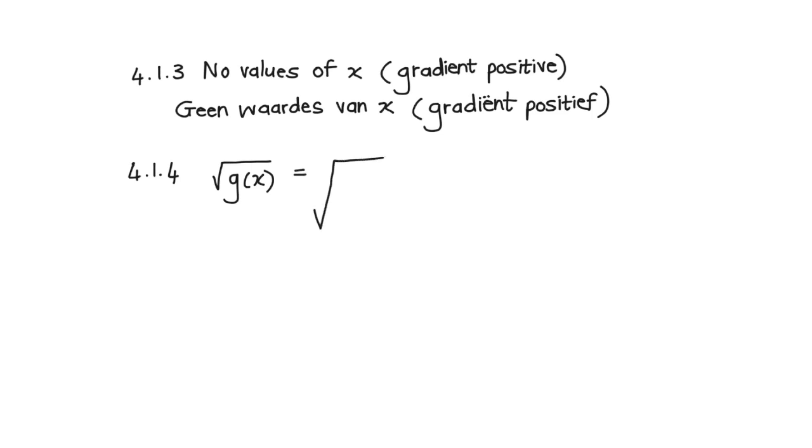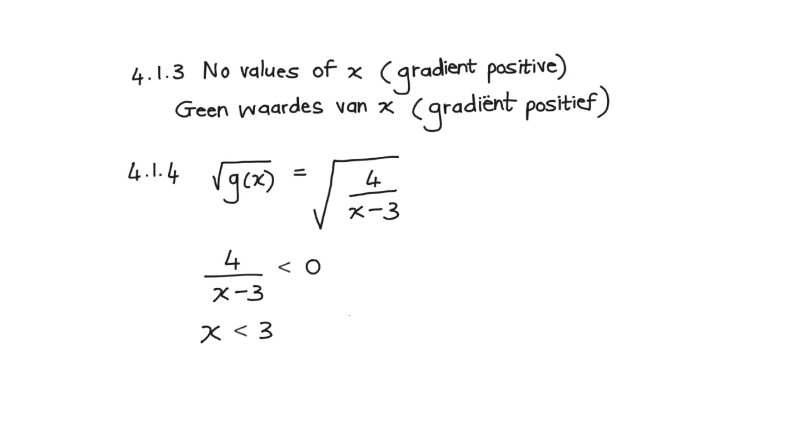So we need to determine when will the function gx be negative. So the inequality that we need to solve is 4 over x minus 3 smaller than 0. And this will be negative if x minus 3 is negative. That means x minus 3 should be smaller than 0. And that will happen for x smaller than 3.